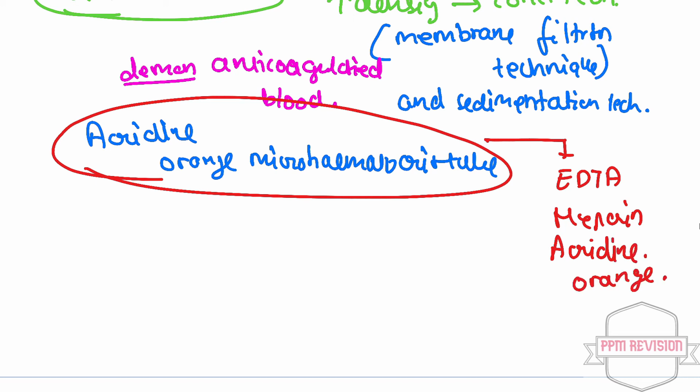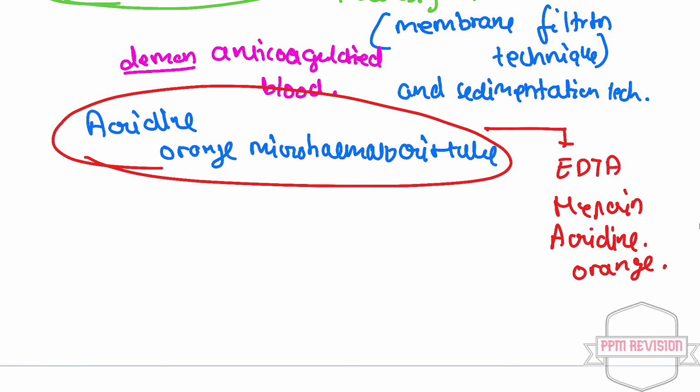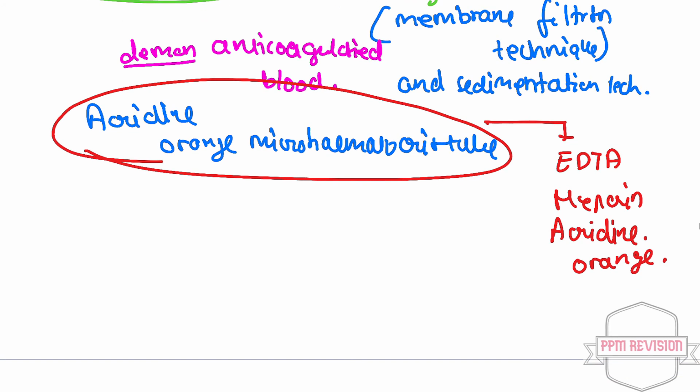The DNA of the parasite is stained by acridine orange, and then the characteristic is seen. So this affects the DNA.